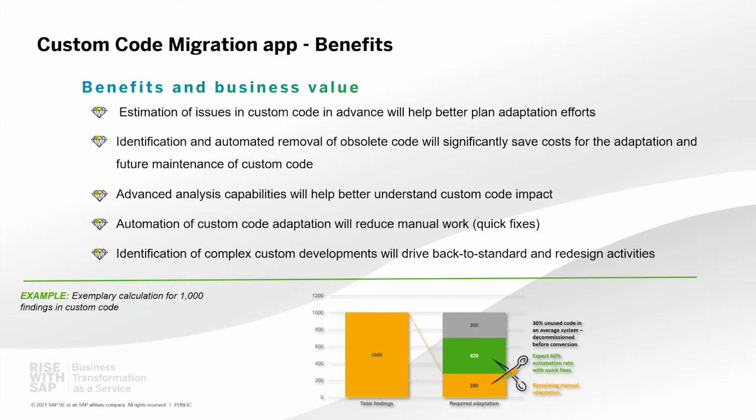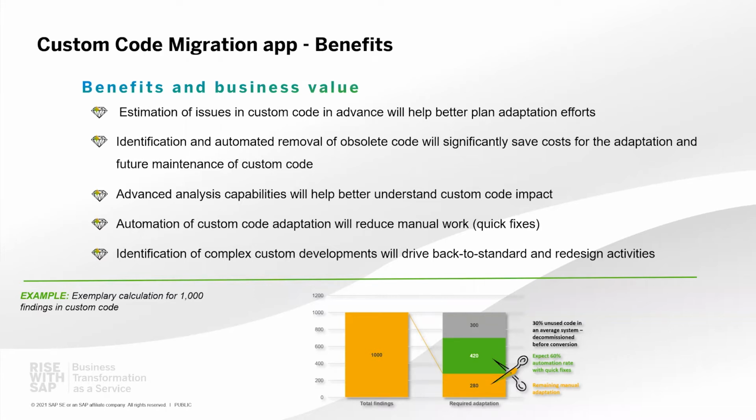You will definitely better understand the custom code impact when moving your ERP system to SAP S/4HANA or planning BTP migration, if you get in place the advanced analysis capabilities which the app offers you. And you can use the quick fixes and therefore automate your custom code adaptation activities and reduce the manual work.